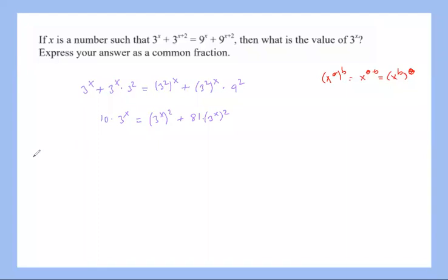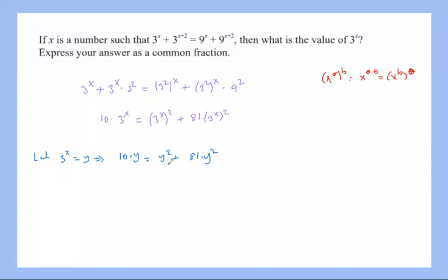Let 3 to the x equal y, because that will look a bit less complicated. If you replace 3 to the x with y, that should be 10 times y equals y to the second power, because this one is y, plus 81 times y to the second power, right?